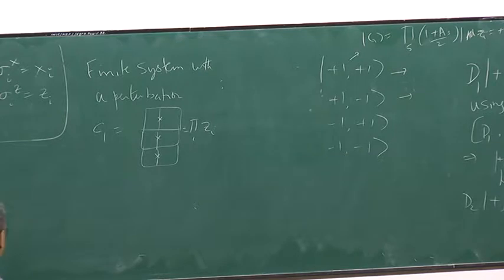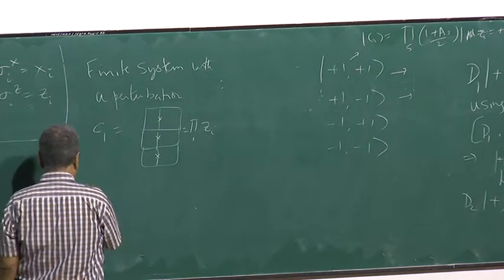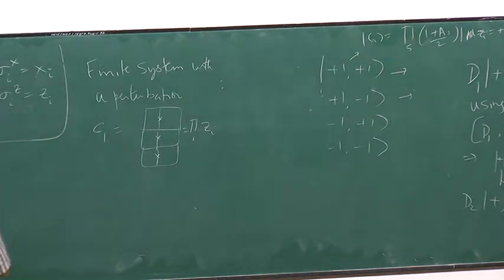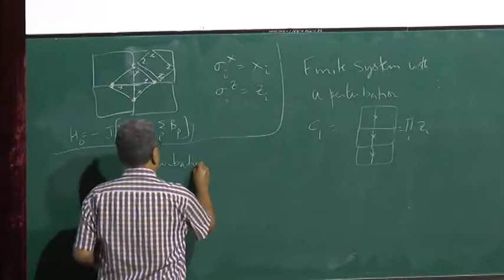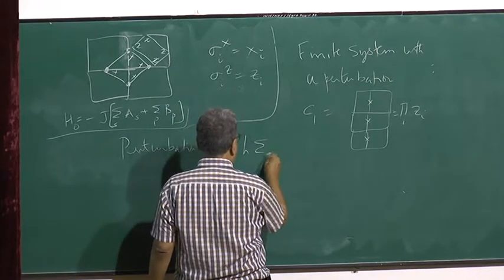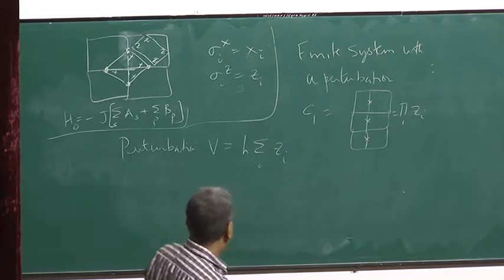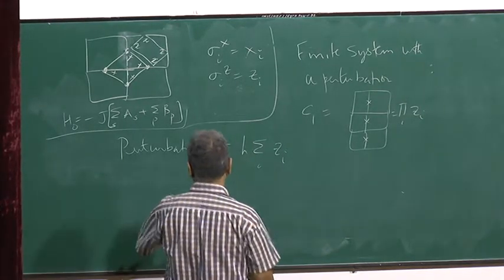Okay, so imagine that we add a perturbation to the system. So this was, let's say, H naught. Now we take a perturbation V, which is a magnetic field h times the sum over Z_i. So this now breaks a lot of symmetries.